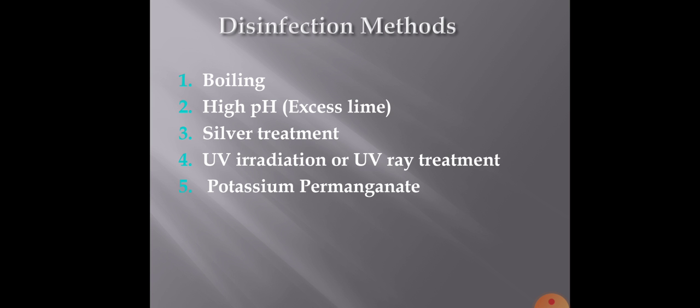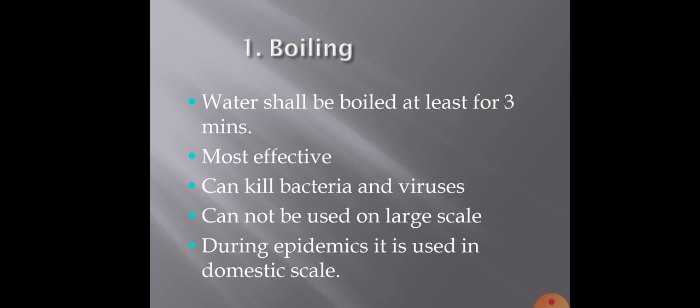Then we have the potassium permanganate treatment. So these are all the minor methods. Like I told you, chlorination is the most commonly adopted method. But again, these minor methods also may be adopted for disinfecting water. So briefly, I'll just explain what these are.